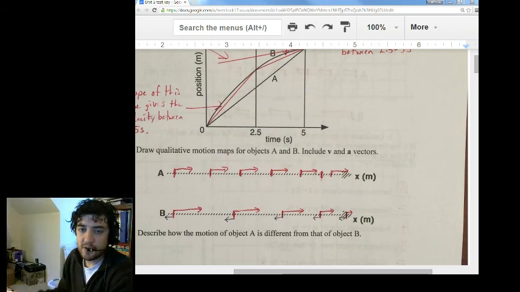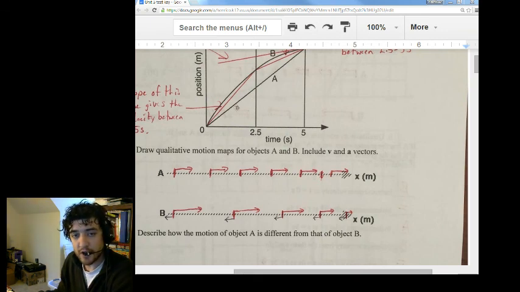Alright, so when it comes to the motion maps, for A, because it is a straight line, we know the slope never changes. The slope is the velocity, so the velocity doesn't change. This is why, though I didn't measure terribly carefully, the spacing between the dots should remain fairly constant.